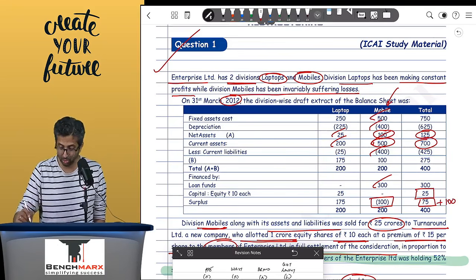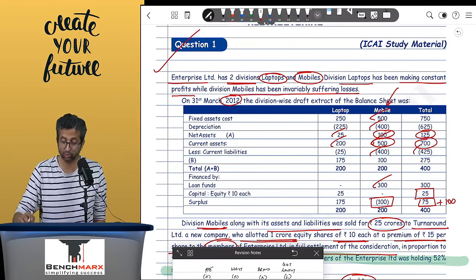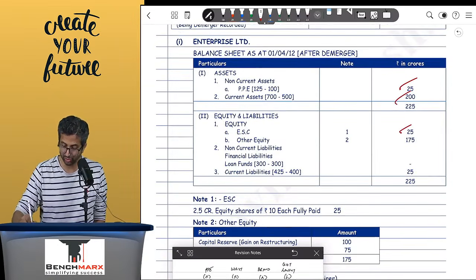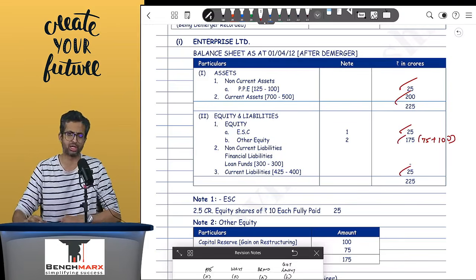Loans have been removed, zero loans, and your current liabilities will be 425 minus 400, that is 25. So if I look at the Enterprise balance sheet: 25 of PPE, 200 of current assets, 25 of share capital, no changes, 75 of total reserves plus 100 of capital reserve, and hence 175, and then 25 of current liabilities.